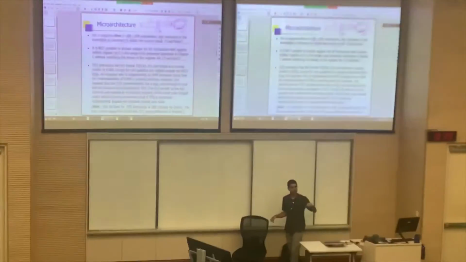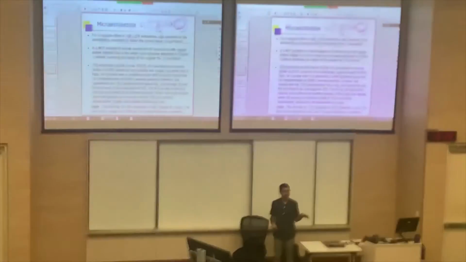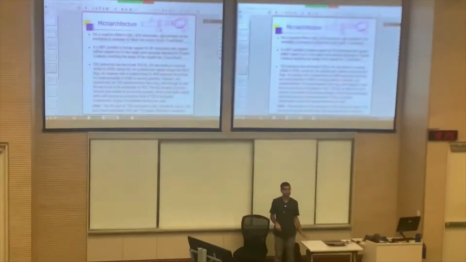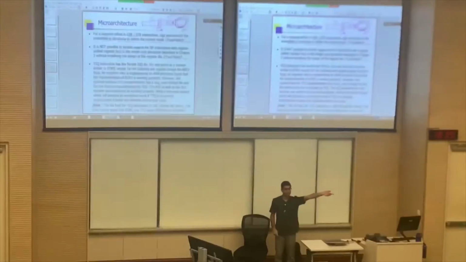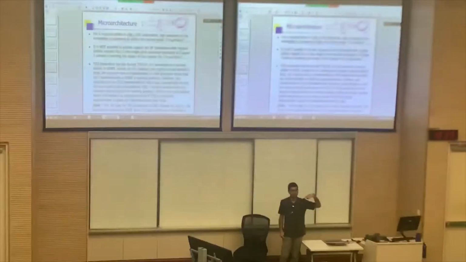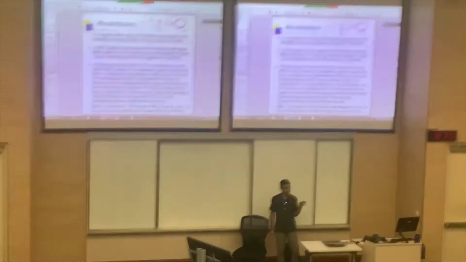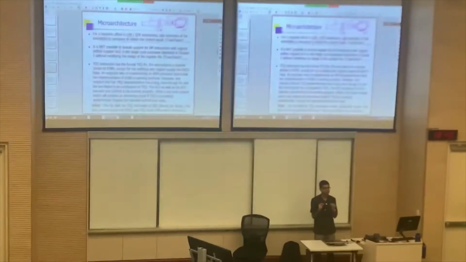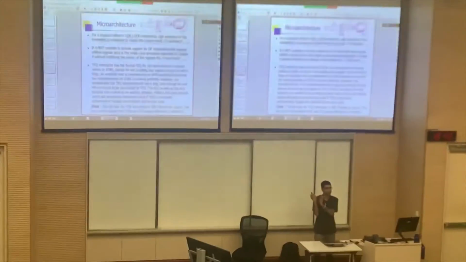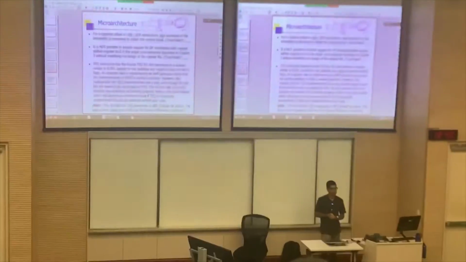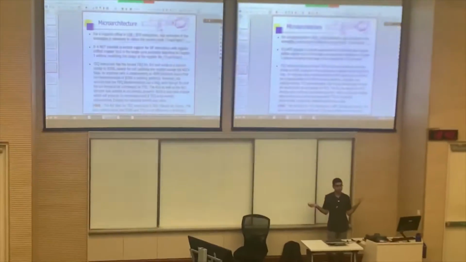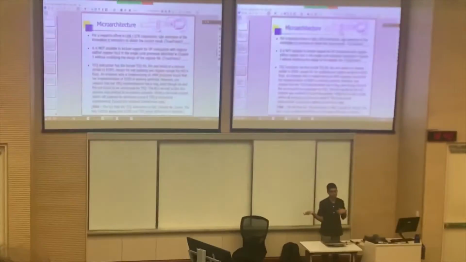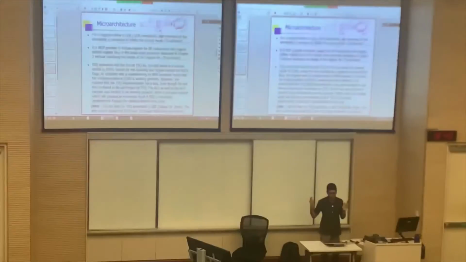Sign extension is done only when you are looking at a branch instruction where the immediate is explicitly mentioned to be signed. It's a negative number if it is a backward branch. If it is a forward branch, it's a positive number. So you are doing PC plus 4 plus that offset, and that offset itself is signed. So only for branch instructions you do sign extension. For memory as well as DP instructions, you will do only 0 extensions.